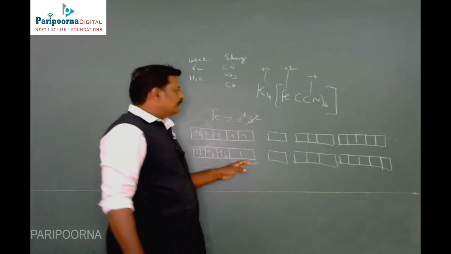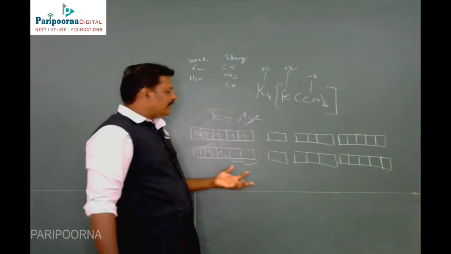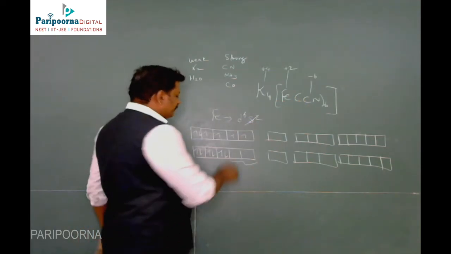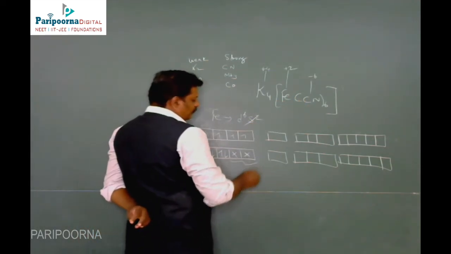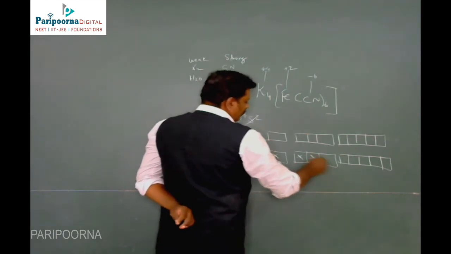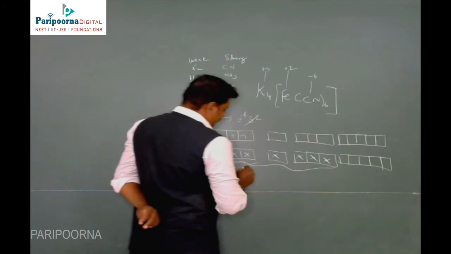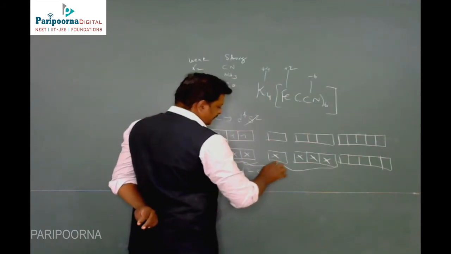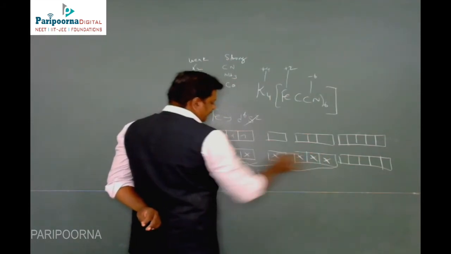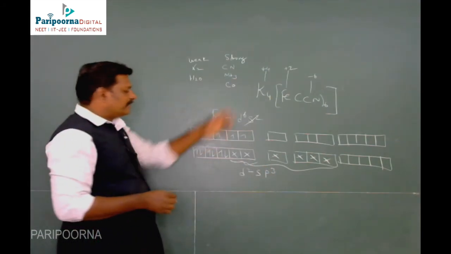Now look at the number of ligands needing orbitals. There are 6 ligands: 1, 2, 3, 4, 5 and 6. So the hybridization is d2sp3. This is the hybridization of the corresponding complex.